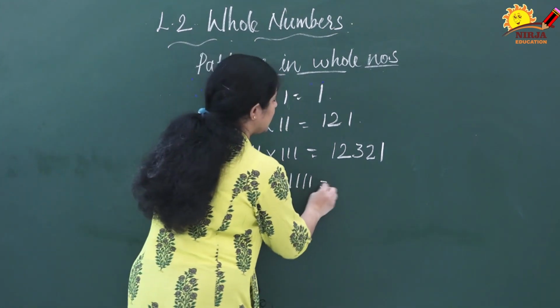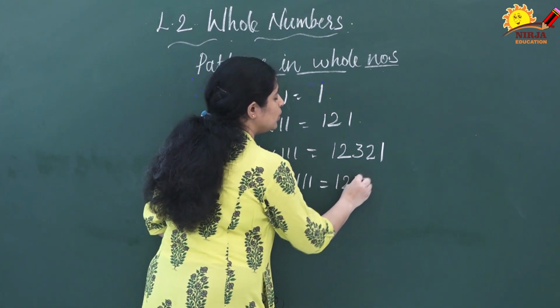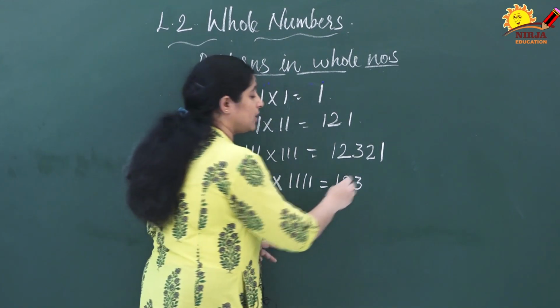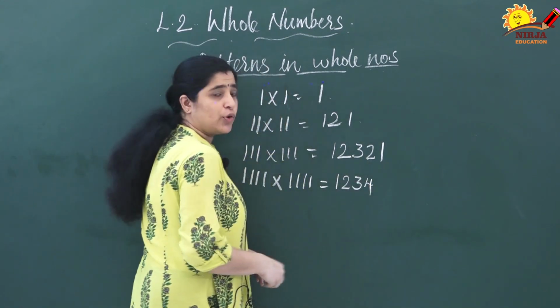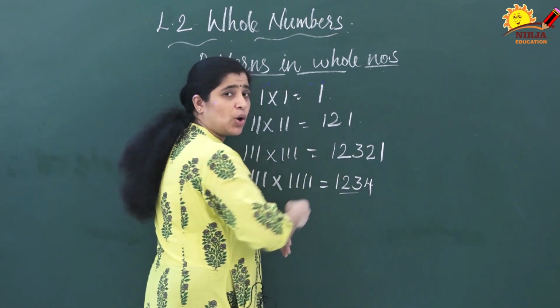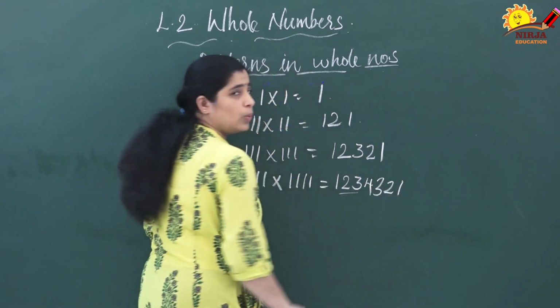Then what will you get here? First 1, 2, 3. Which is the next number we have to write? Yes, that is 4. Again the numbers on the left side you have to write on the right side. That means 3, 2, 1.